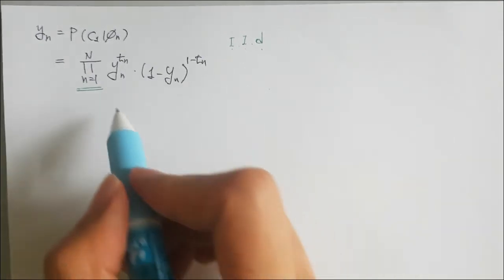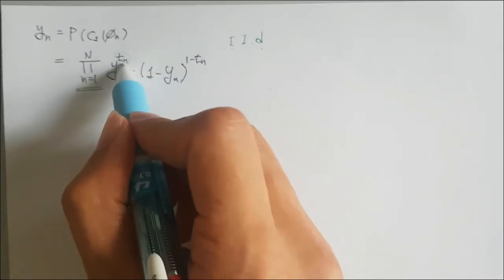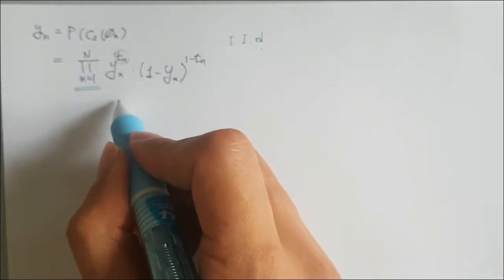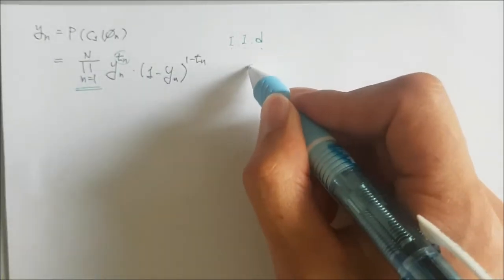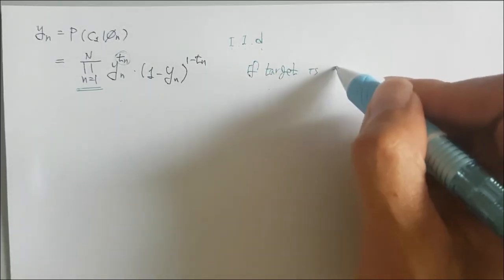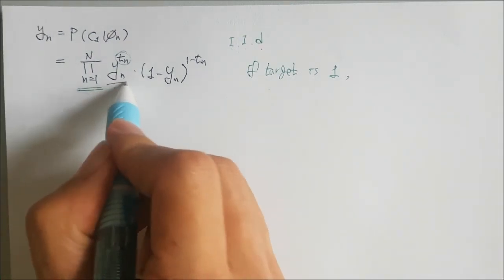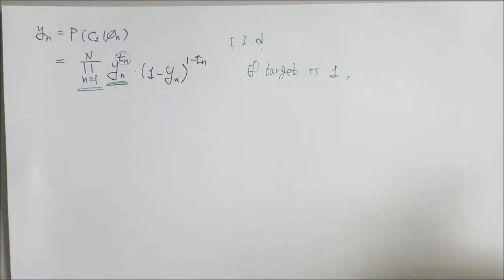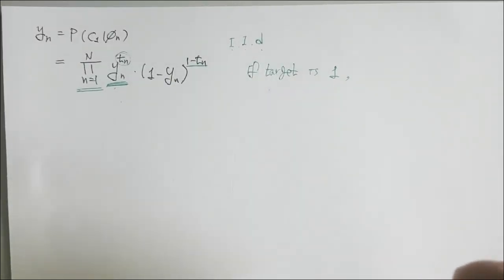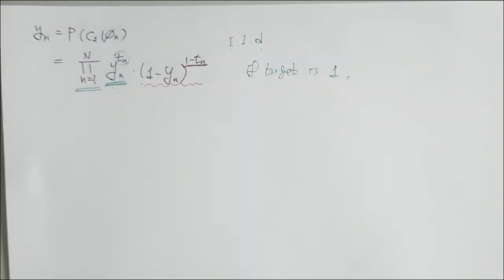And if the target is 1, which is true, then the probability will work, and the other term will be just 0, so we can neglect the red term.